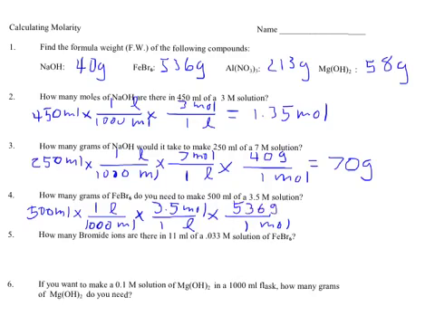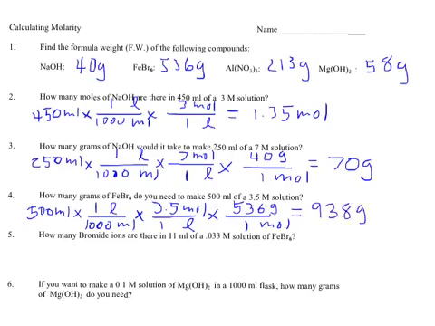And so what that's going to give me then is 500 times 1 divided by 1,000 times 3.5 divided by 1 times 536 divided by 1, and that's going to equal 938 grams.